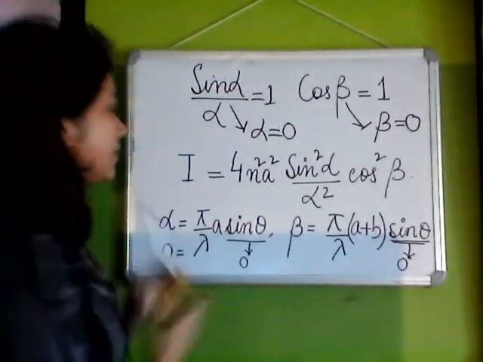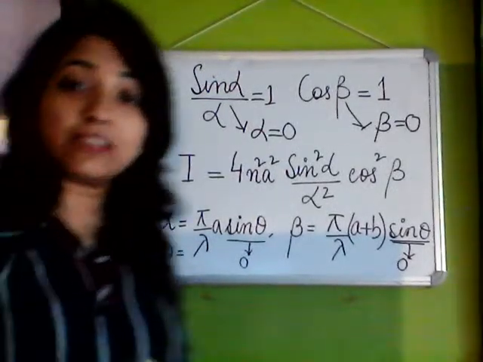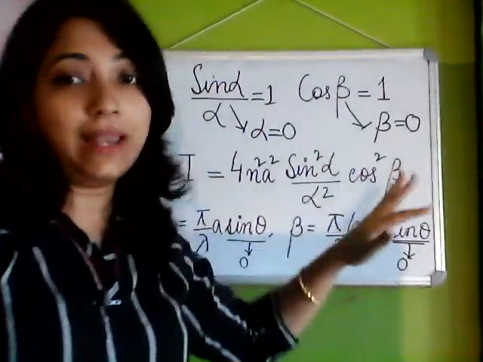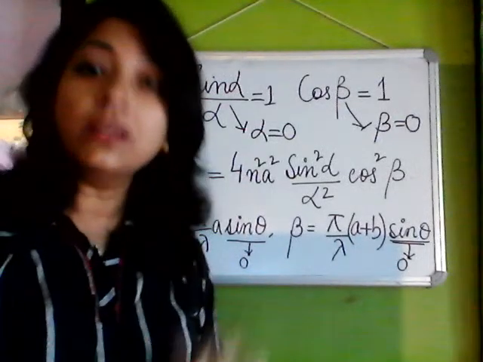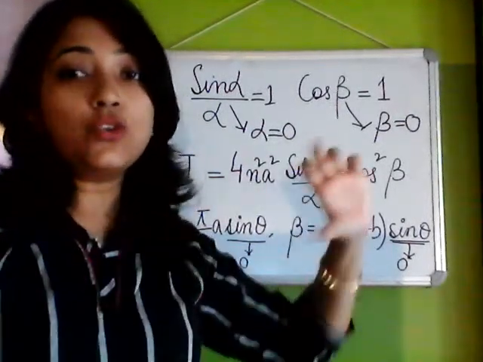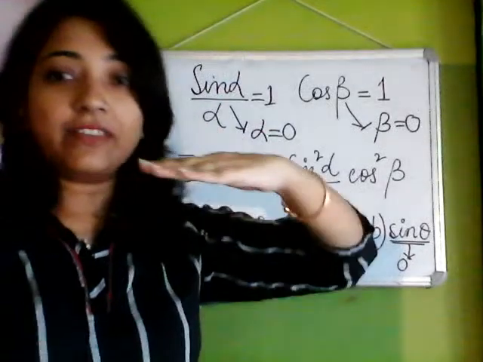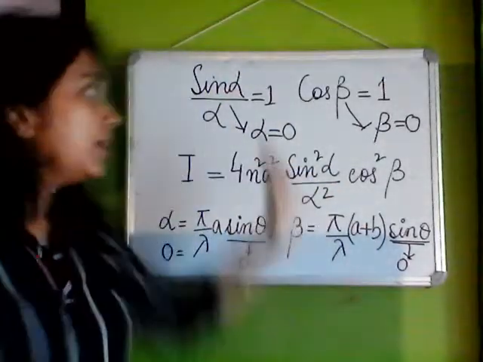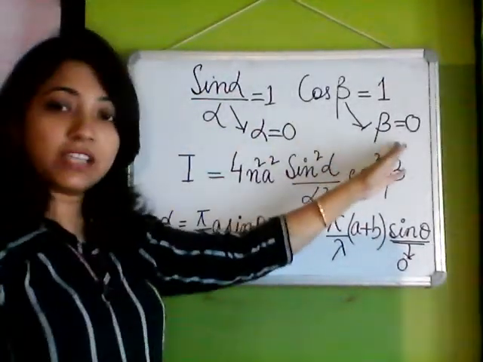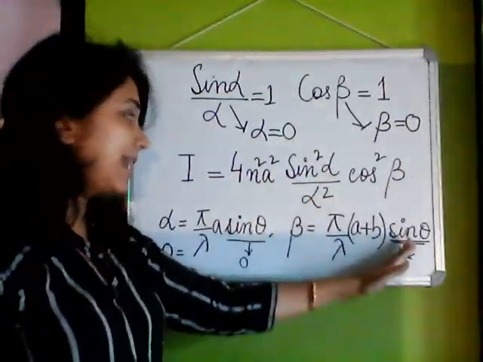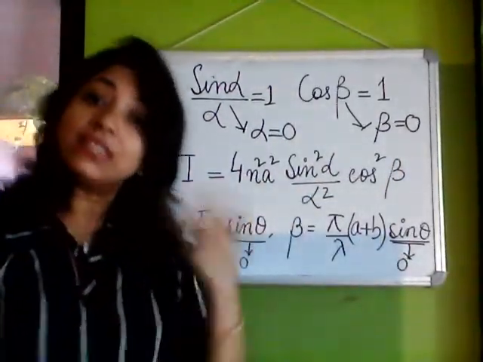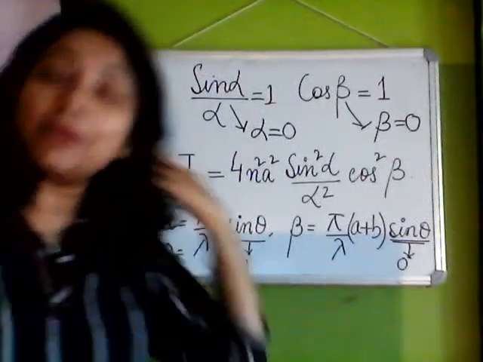So the condition for getting the central maxima in the double slit is the same, wherein there is no diffraction, there is no bending of light, giving us alpha is equal to 0, beta is equal to 0 and eventually giving us that sine theta or theta itself is equal to 0. Alright.